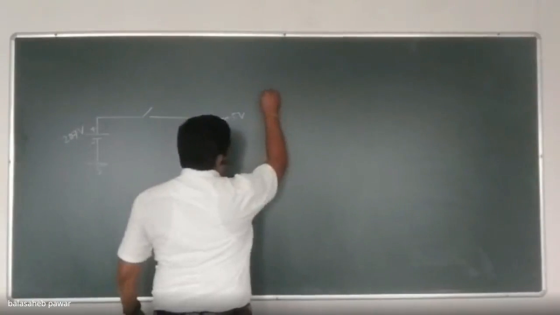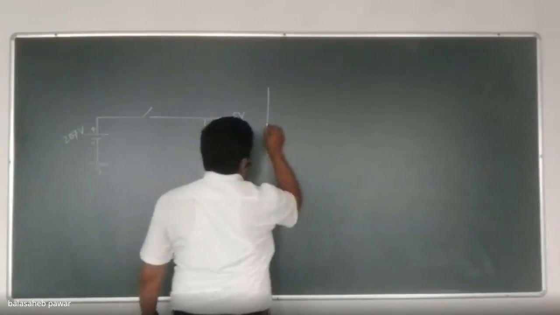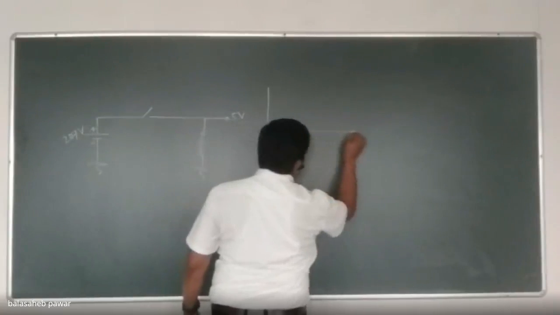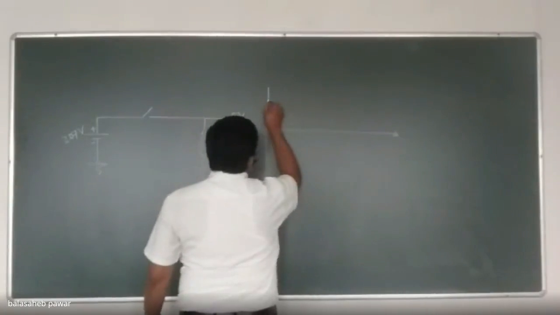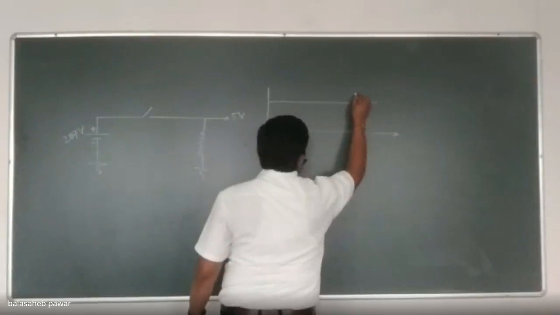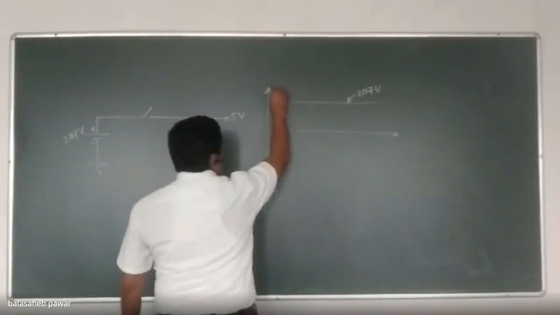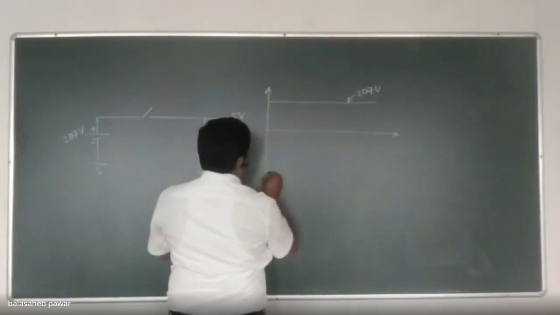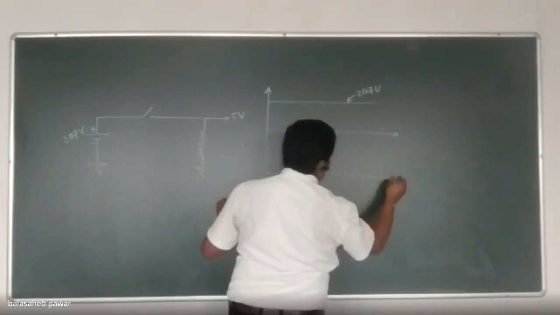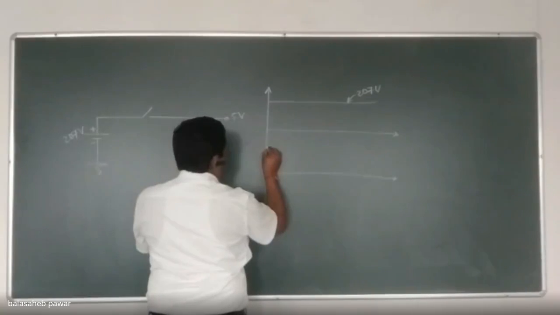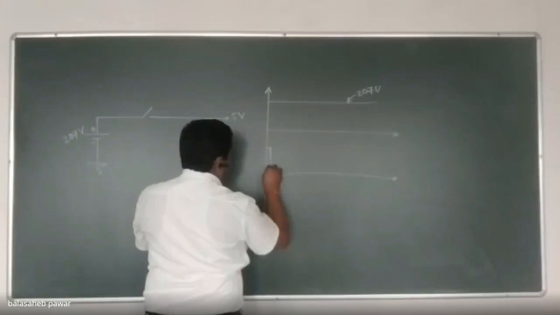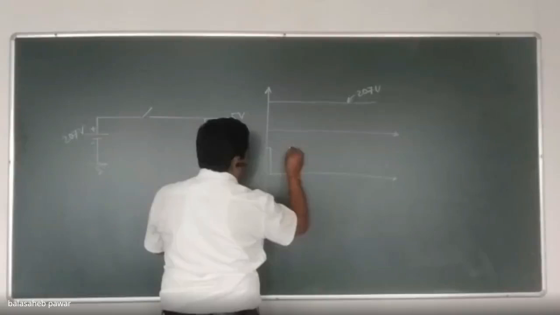I will draw both waveforms, that is for input as well as output. This is my input voltage, which is of 207 volts, correct? And my output voltage nature will be like this.